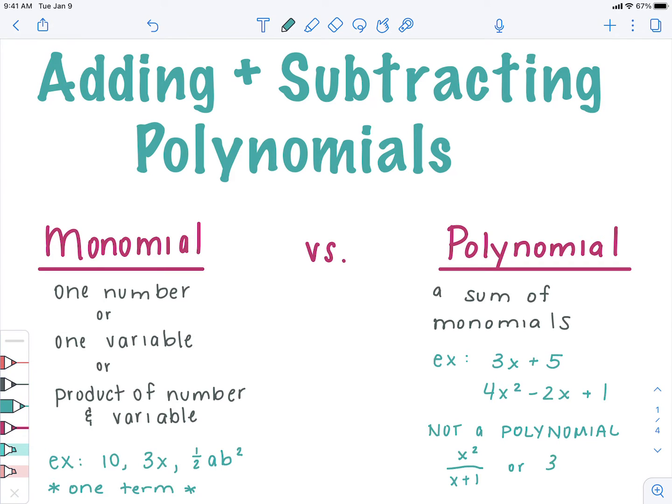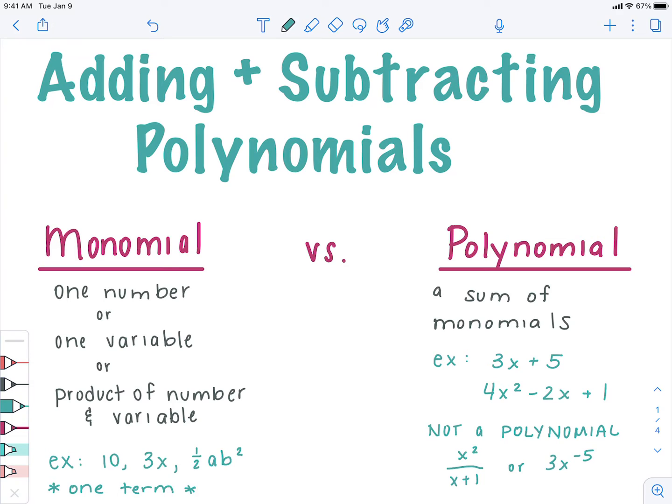So if I had like 3x to the negative fifth, that negative exponent makes it not a polynomial. So we can have exponents, but they have to be positive. We can add and subtract with polynomials, and we can multiply, but we can't divide, and we can't have negative exponents.